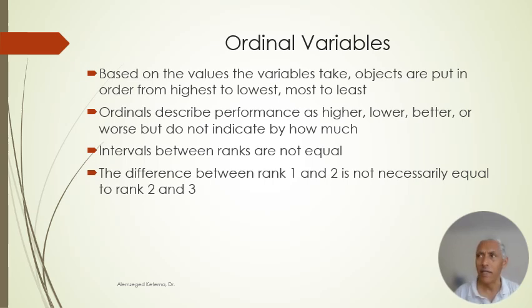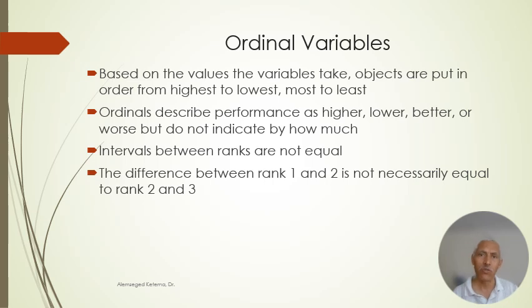So he's the worst, he's excellent, but between the worst, the one performing well in between, and the best, there are no equal intervals. For example, the difference between rank 1 and 2 is not necessarily equal to rank 2 and 3, like in the classroom setting.